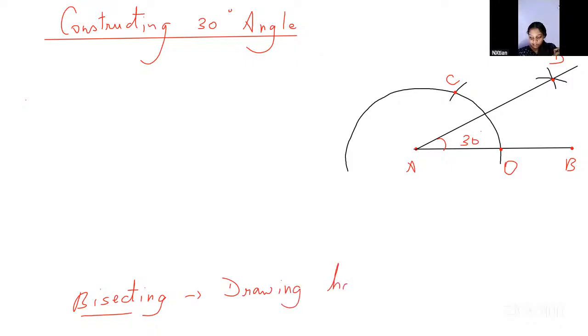Constructing half of an angle. Drawing an angle and putting it in half is known as bisecting.